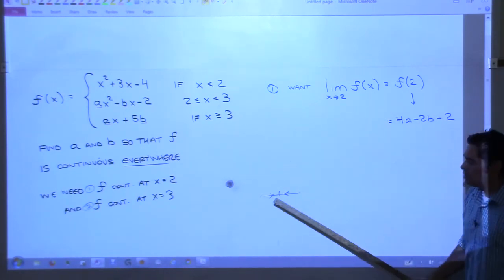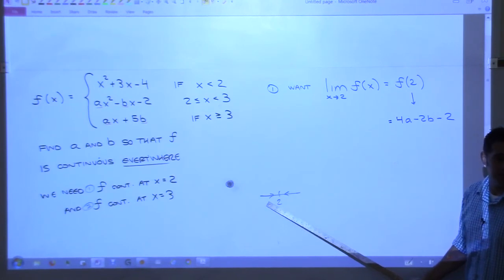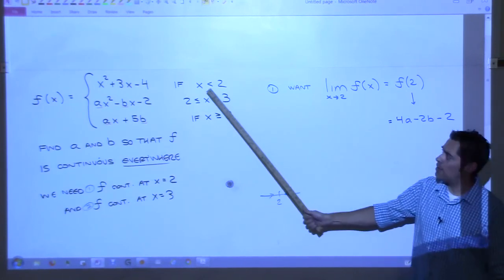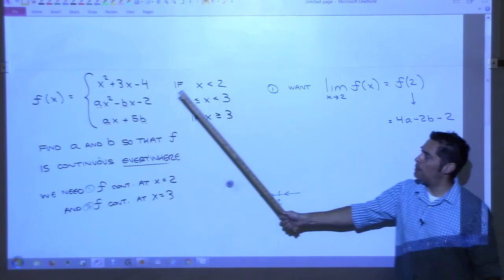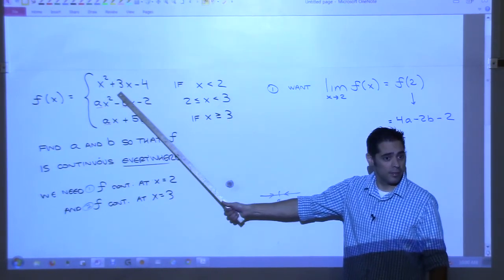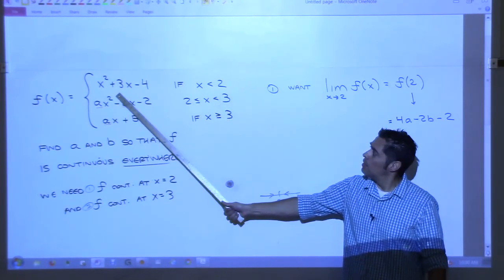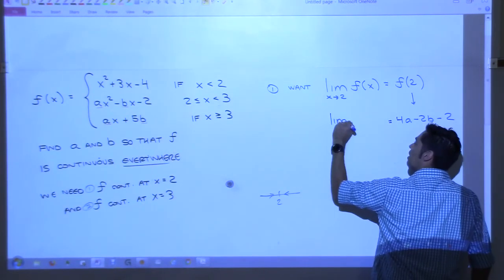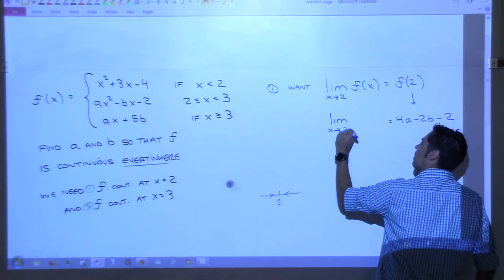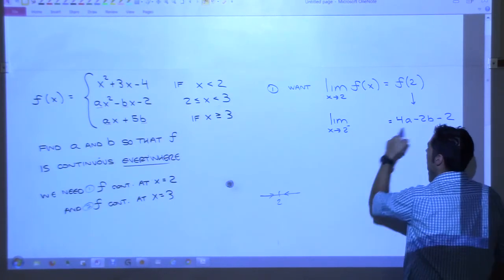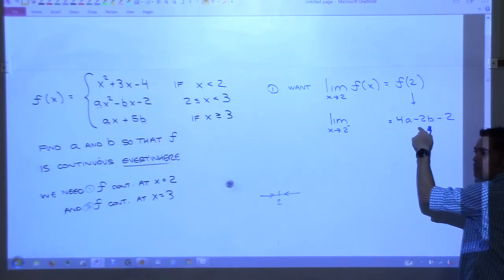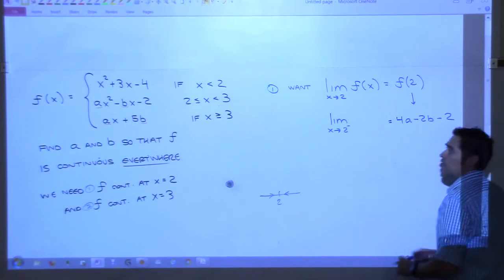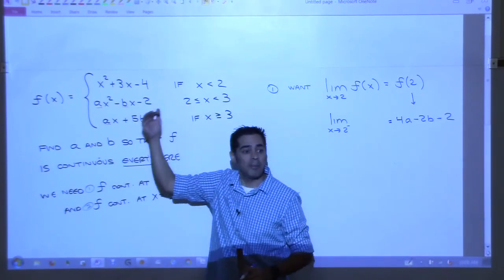The more interesting part is what happens when I come in from the left. If I come in from the left, I'm up here on this one, right? And if I plug 2 into here, I get something else, right? So I'm going to change this to just the limit from the left, because this is actually the value of the function at 2, which uses the middle function, the same as coming in from the right.